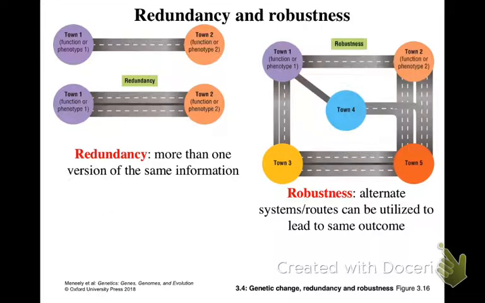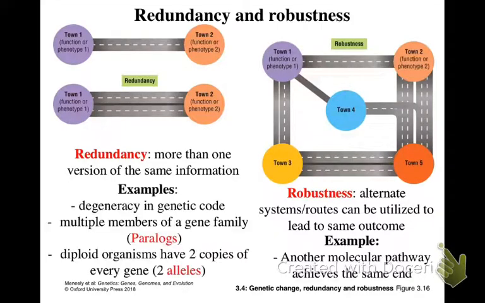I'm going to speed up here. Redundancy and robustness. In redundancy, we're basically dealing with paralogs and alleles. I think I mentioned that, but just to make that clear, we really want to focus here on the paralogs and the alleles. Robustness is an important concept.